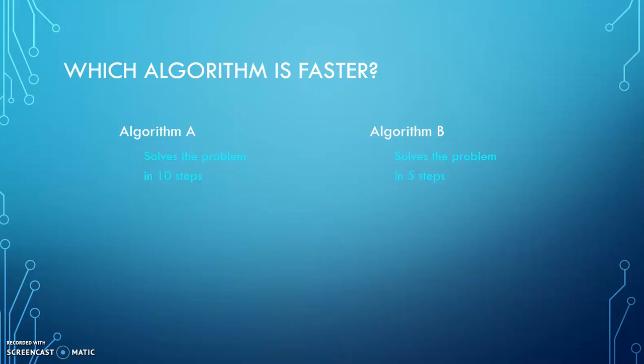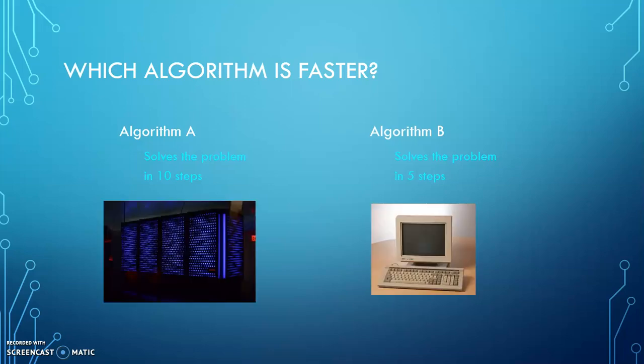You can't really say, because I failed to mention that algorithm A, which solves the problem in 10 steps, is going to be running on a state-of-the-art supercomputer in some top-secret research facility somewhere. And algorithm B, which solves the problem in 5 steps, is going to run on a vintage 1980s, 1990s computer.